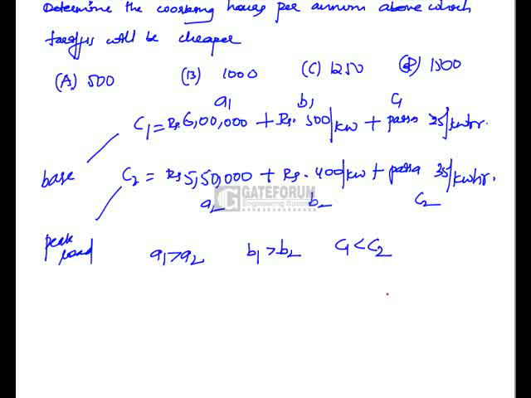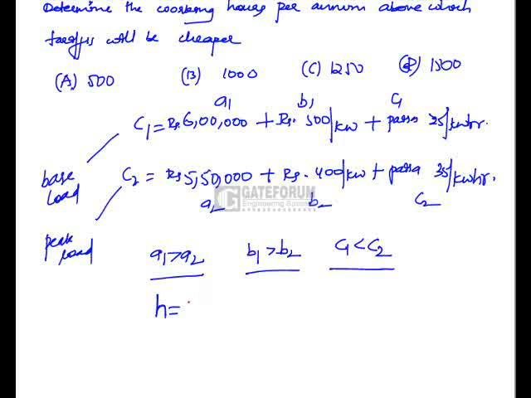For the base load, when compared with the peak load, A1 is greater than A2, B1 is greater than B2, and C1 should be less than C2. Now we have to determine the working hours per annum above which the tariff will be cheaper. For the tariff to be cheaper, the cost should be minimum, that is dC1 by dH equal to 0.